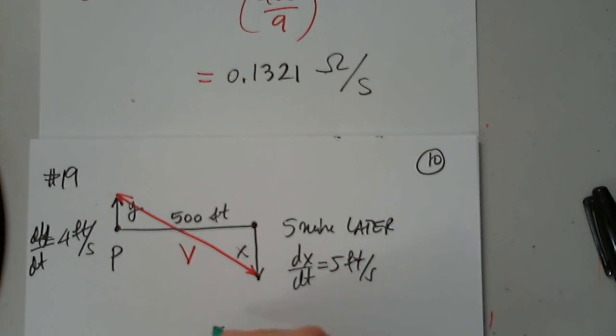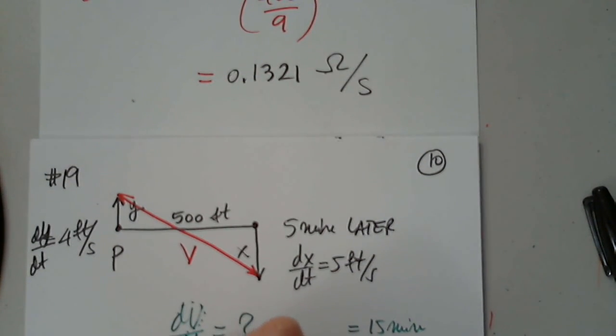So what are we asked to determine? And what is this 15 minutes? And I'll stop. We're not going to do anything beyond this. We're going to finish it on Wednesday. I meant to write this. dv over dt when 15 minutes. What is this?